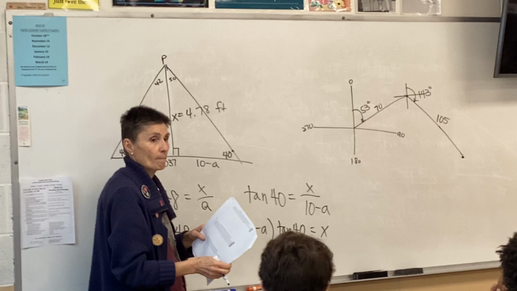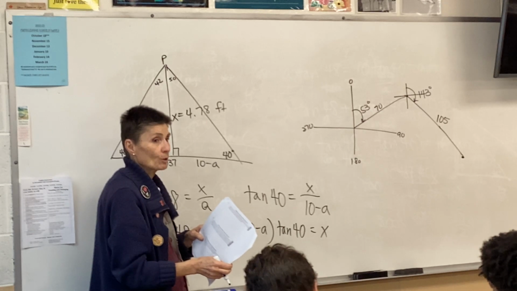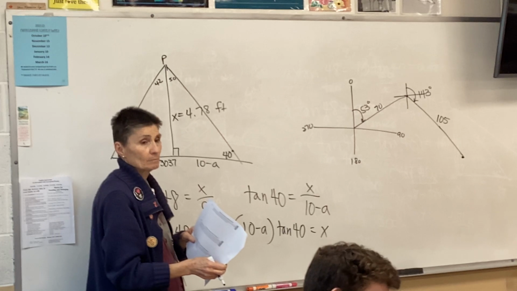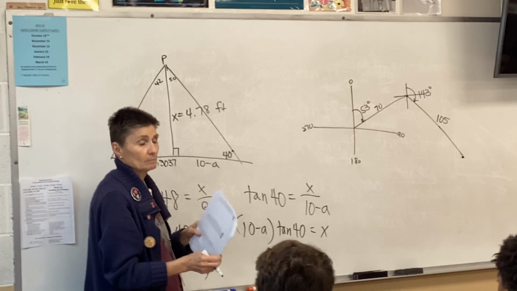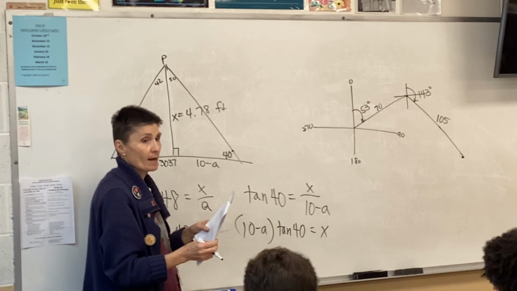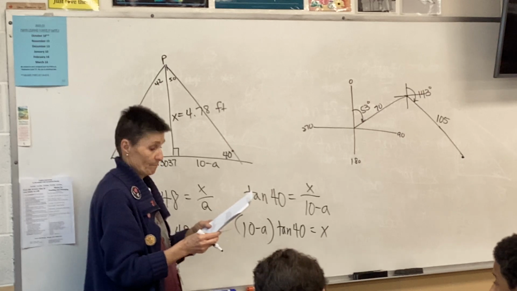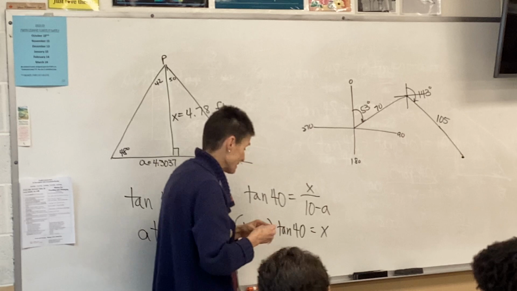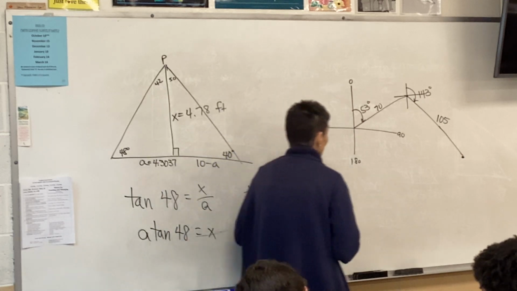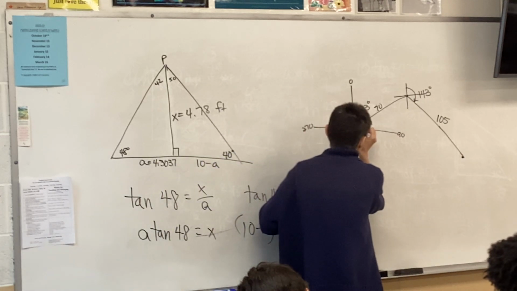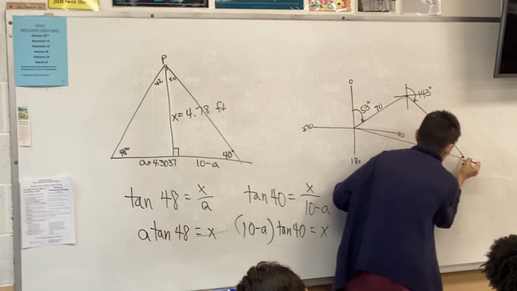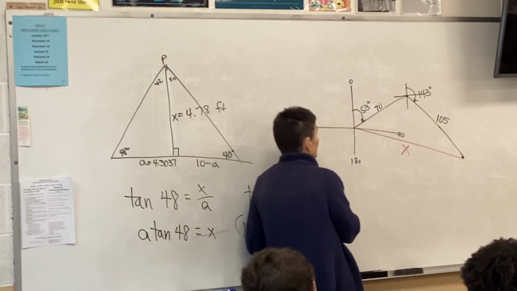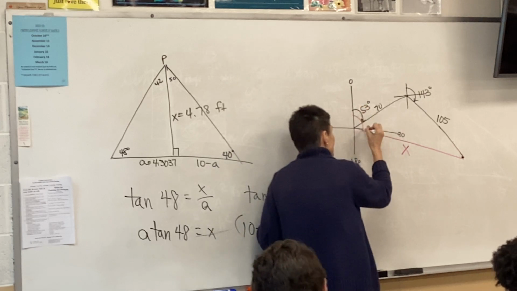Where did you get 105? 3 hours at 35 miles an hour. Distance equals rate times time. Right? What is the final bearing and distance from the original point? So basically, we want to know that right there. And we want to know this right here.